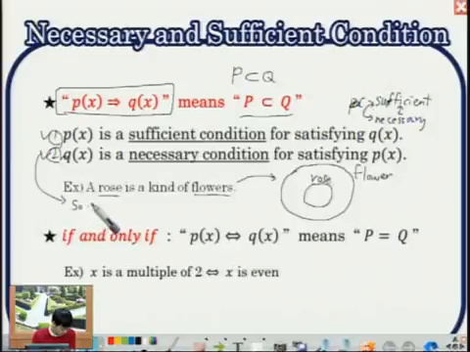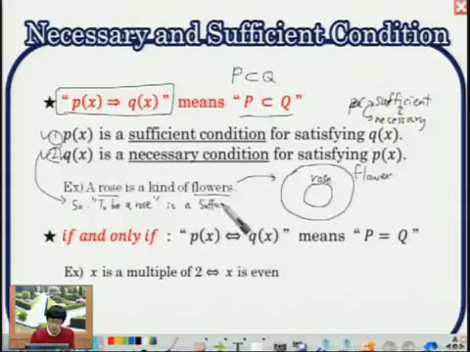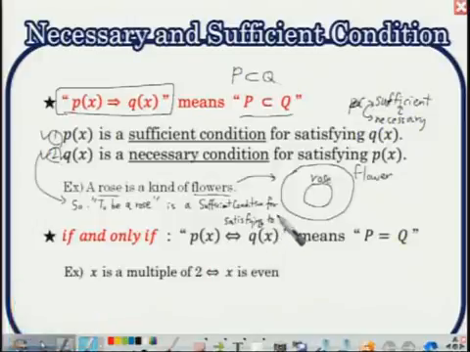So in English, this is very important. To be a rose is a sufficient condition for satisfying to be a flower.